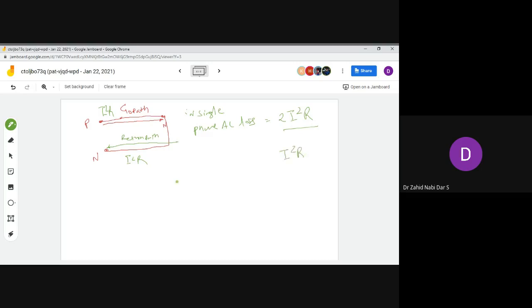That's why when I was calculating the loss because of the AC, it came out as I max square into R into T divided by 2. But in reality it is equal to I max square R into T only, because you are considering only the go path, not the return path. So that's why the principle of this RMS value and effective value has come into the picture.